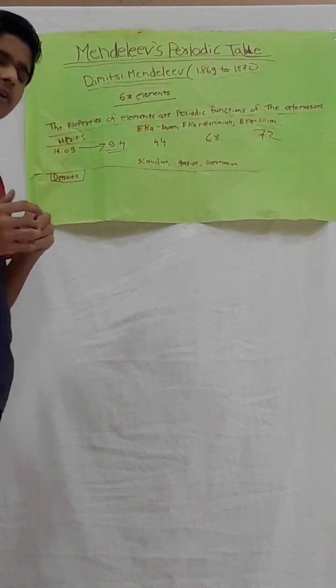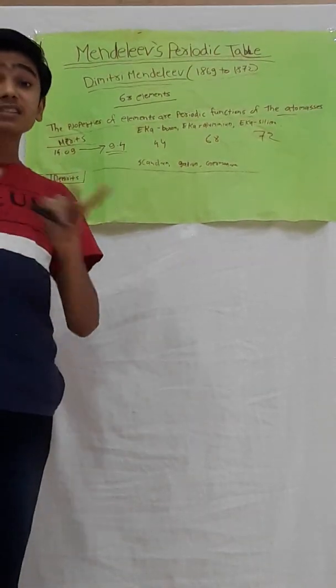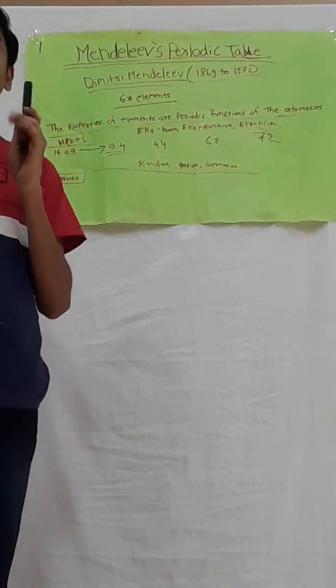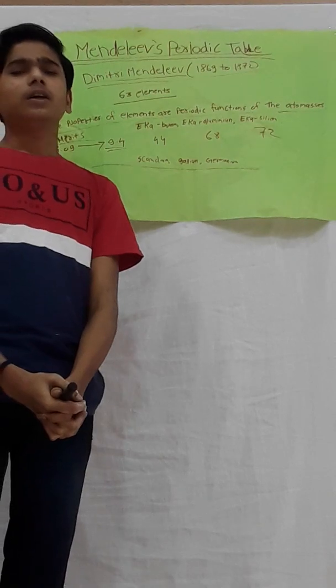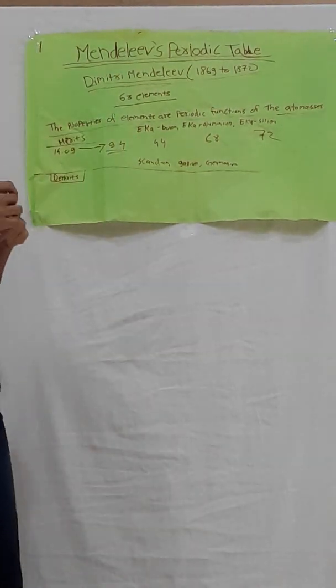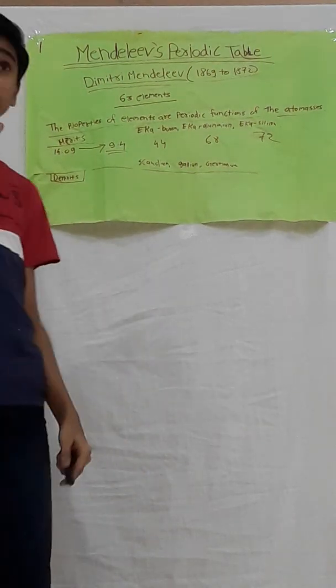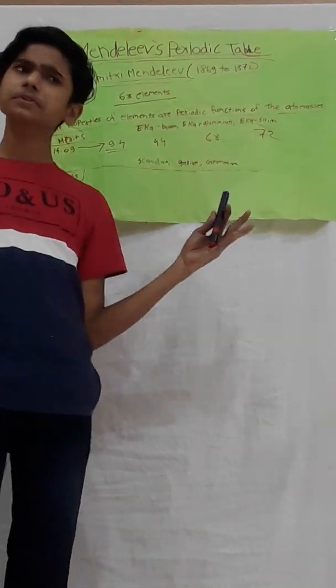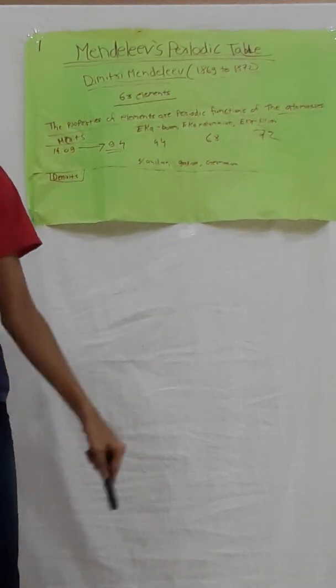The atomic masses of the elements cobalt and nickel were the same, 59. There was a doubt regarding their sequence in the Mendeleev's periodic table.